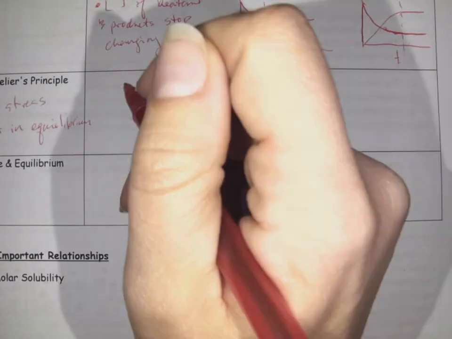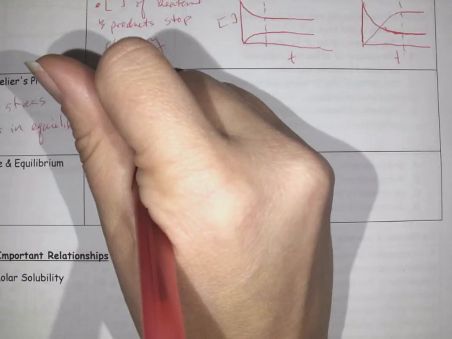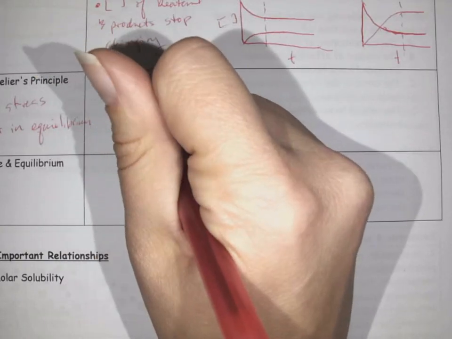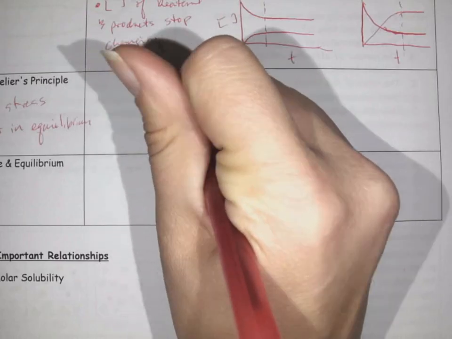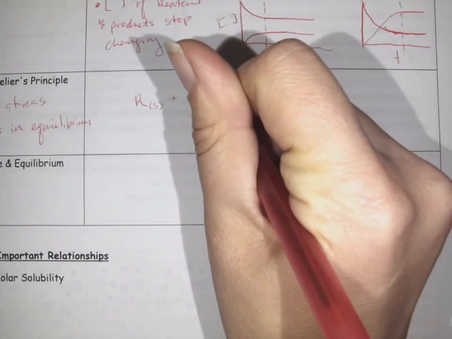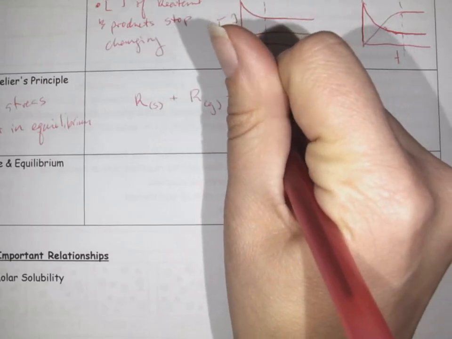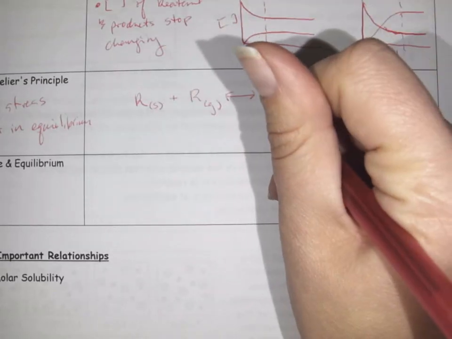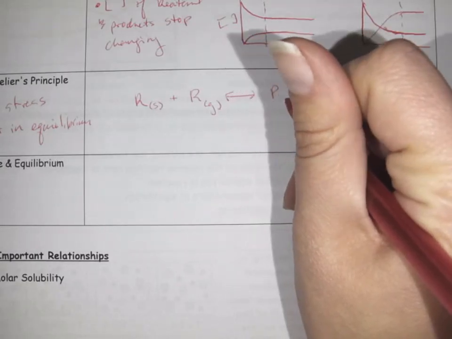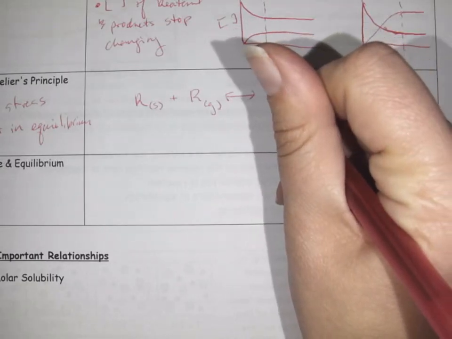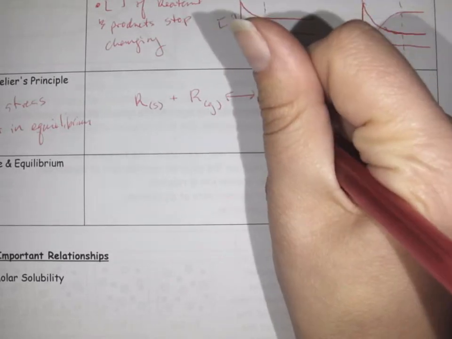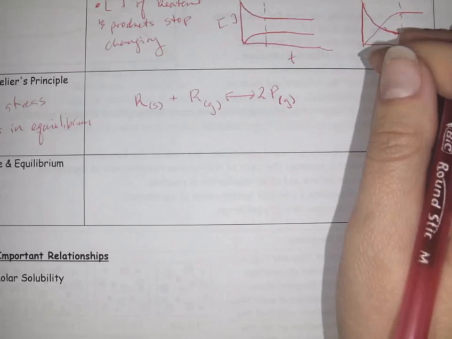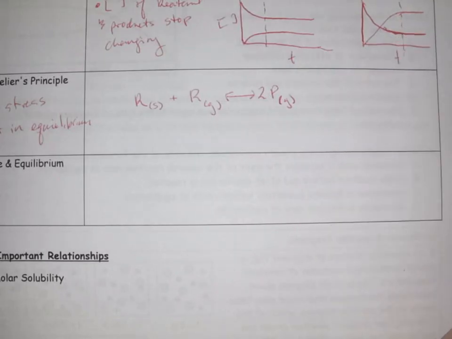A couple things I want to remind you of. So we have reactants. Let's say we have one reactant, it's going to be a solid. We have another reactant that's a gas. And then let's say this turns into, back and forth, maybe a product that's a gas, and let's say we get like 2 of them like that. The other thing is endothermic versus exothermic, right?